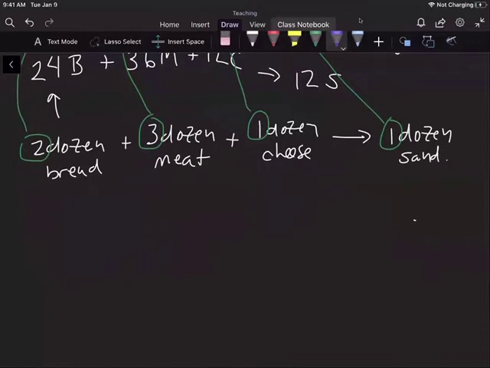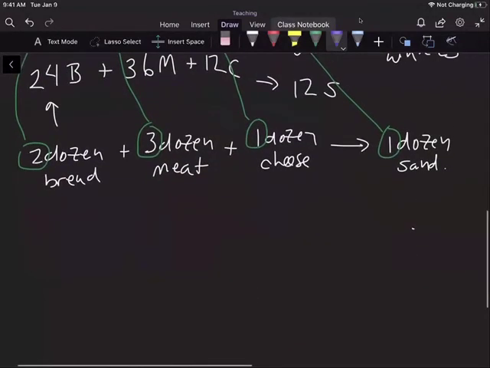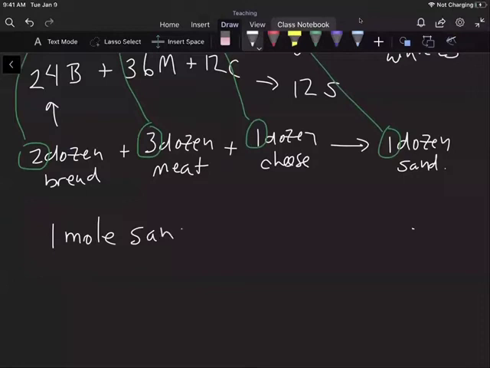Now we can extend this idea all the way down to a crazy amount of sandwiches, right? So if I said I wanted 1 mole of sandwiches, it's just a number of sandwiches, right?